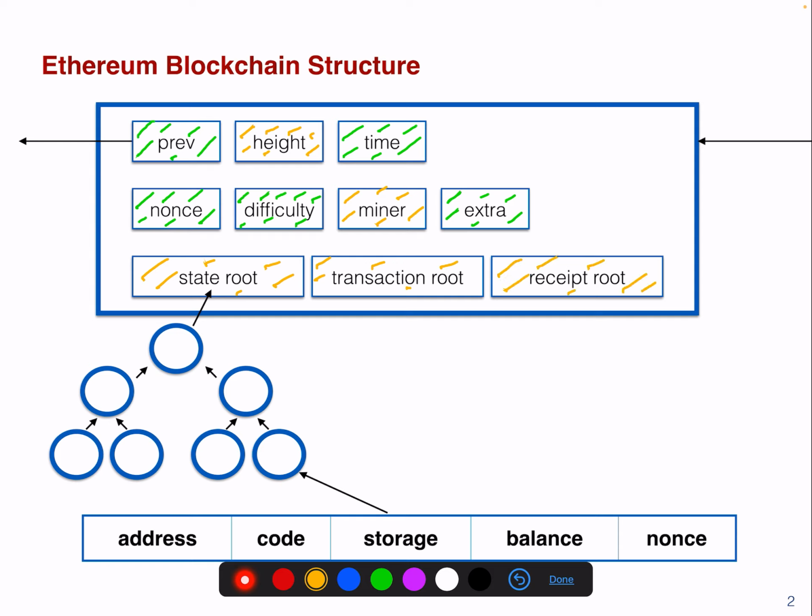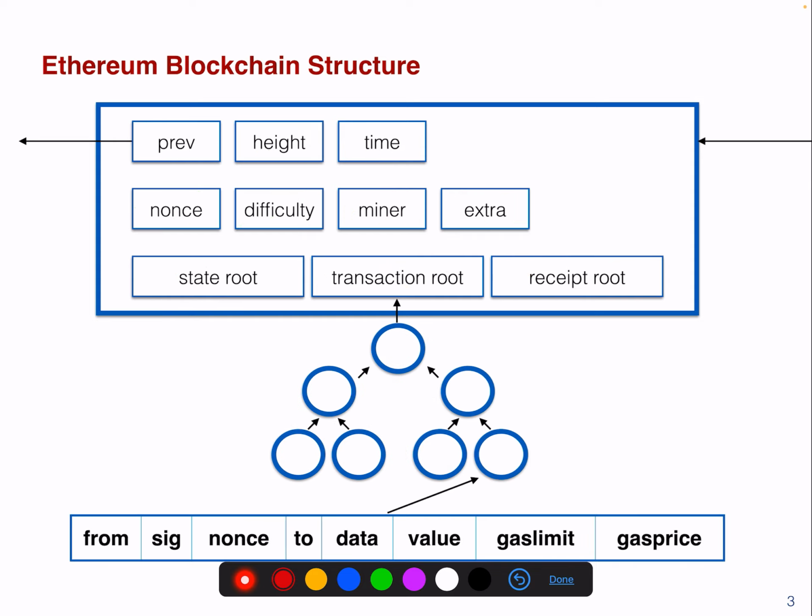Now the state root is stored within a Merkle tree. To be precise, it's a Patricia Merkle tree, and you can see it maps the address to a particular set of data that is stored within this particular leaf.